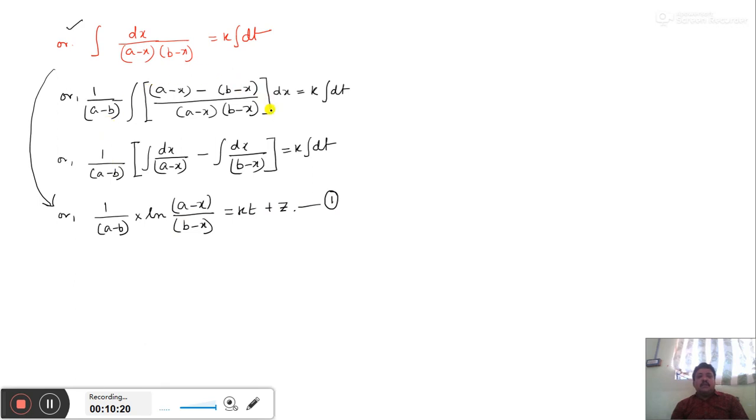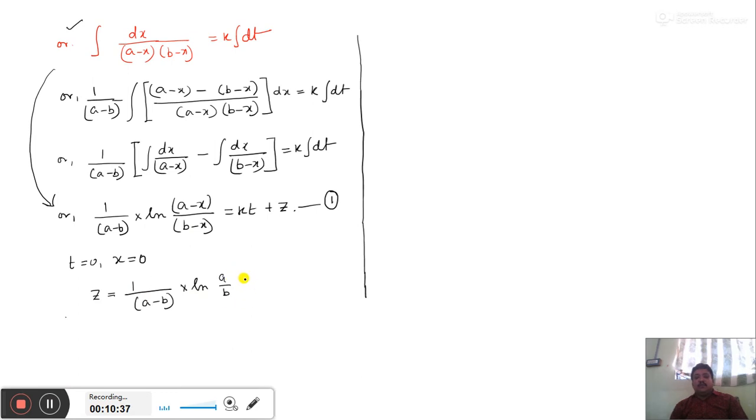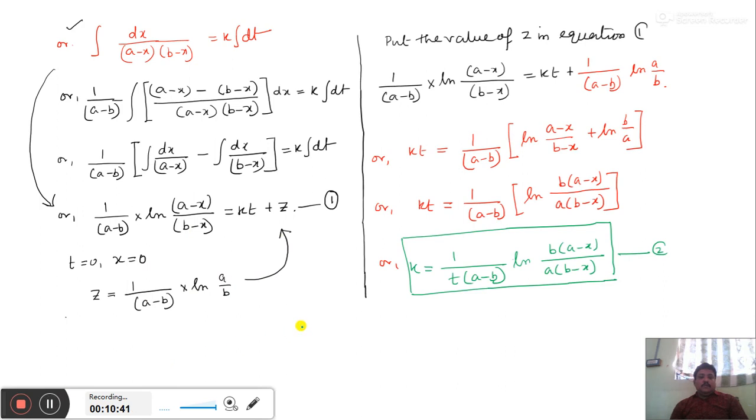This is a complicated integration form. Now when t is equal to 0, then x is equal to 0. Putting this in equation 1, we get the value of z, and the value of z is 1 by (a minus b) into ln a by b. Now putting this value of z in equation 1, we get the value of k.